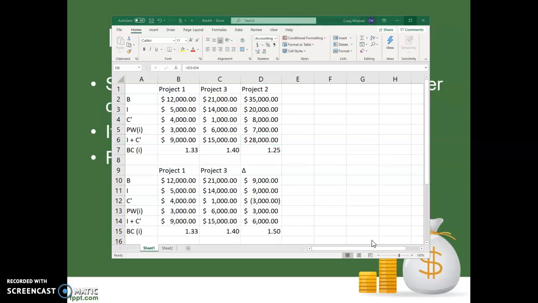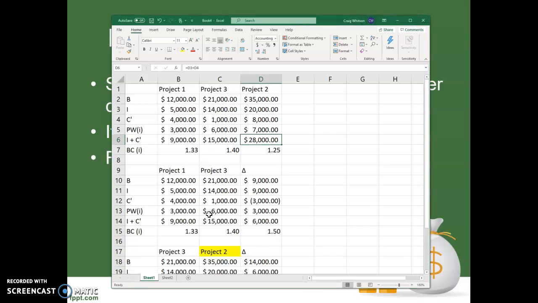I still have that comparison set up from the last example when we used benefit-cost ratio. I have my values here for project 1 and project 3, and I'm going to find the difference between them, the delta. So these values are set up to find the delta B, the difference in benefits, 21,000 minus 12,000.